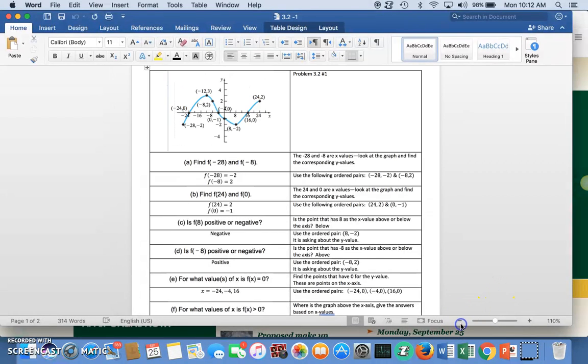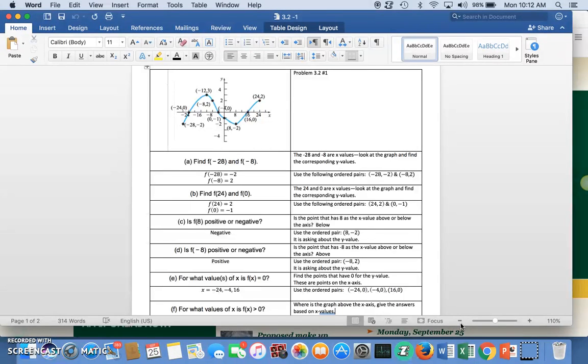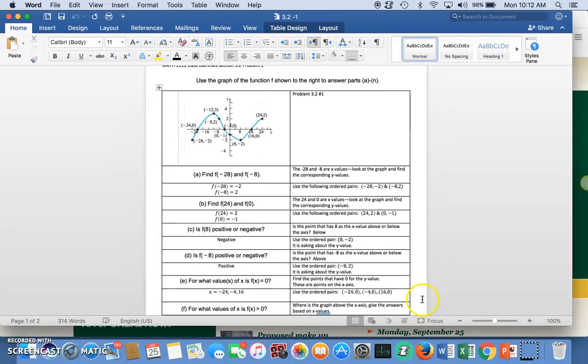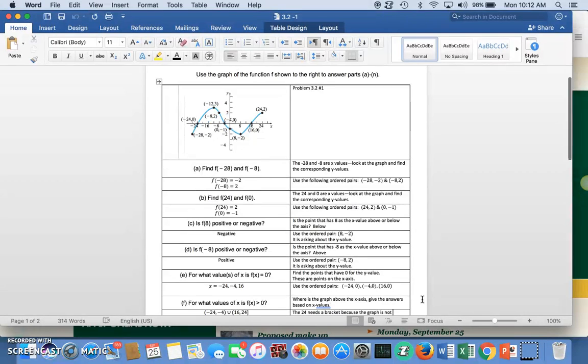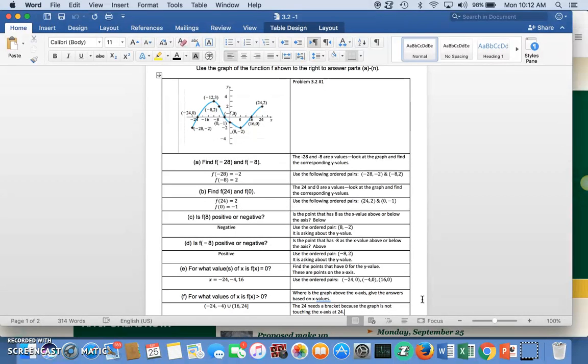Then it asks you for what values is f of x greater than 0. That simply means where is the graph above the x-axis. Greater than 0 means above the x-axis. Well, at negative 24 it's on the x-axis, and as x continues until x gets to negative 4, it is above the x-axis.